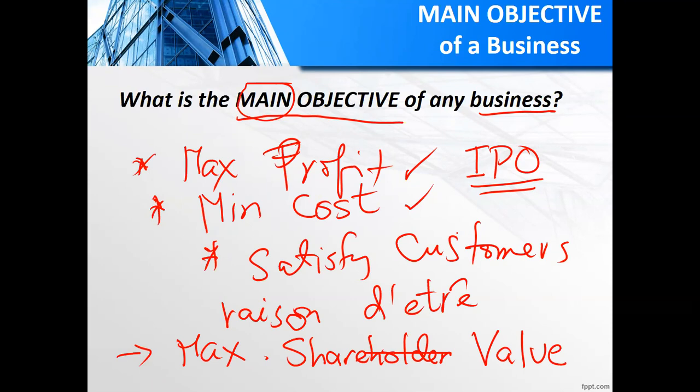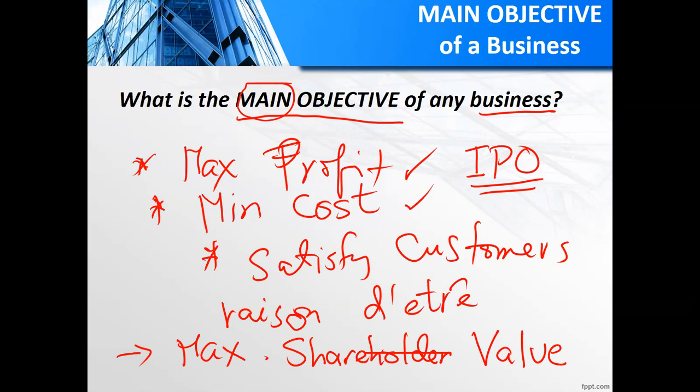So, nagkaroon ka ng appreciation na, nagkaroon ka na ng quote-unquote gain dun sa investment mo, no? And that's the main objective of any business, is to maximize shareholder value. And there are reasons why it should not be maximize profit or minimize cost or even satisfy customers.